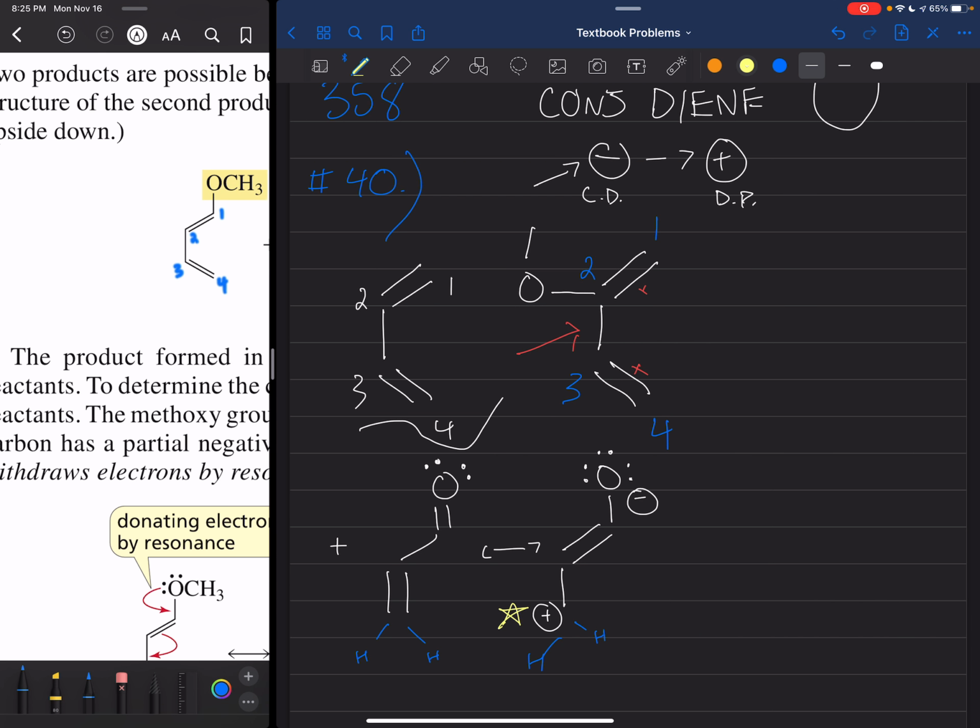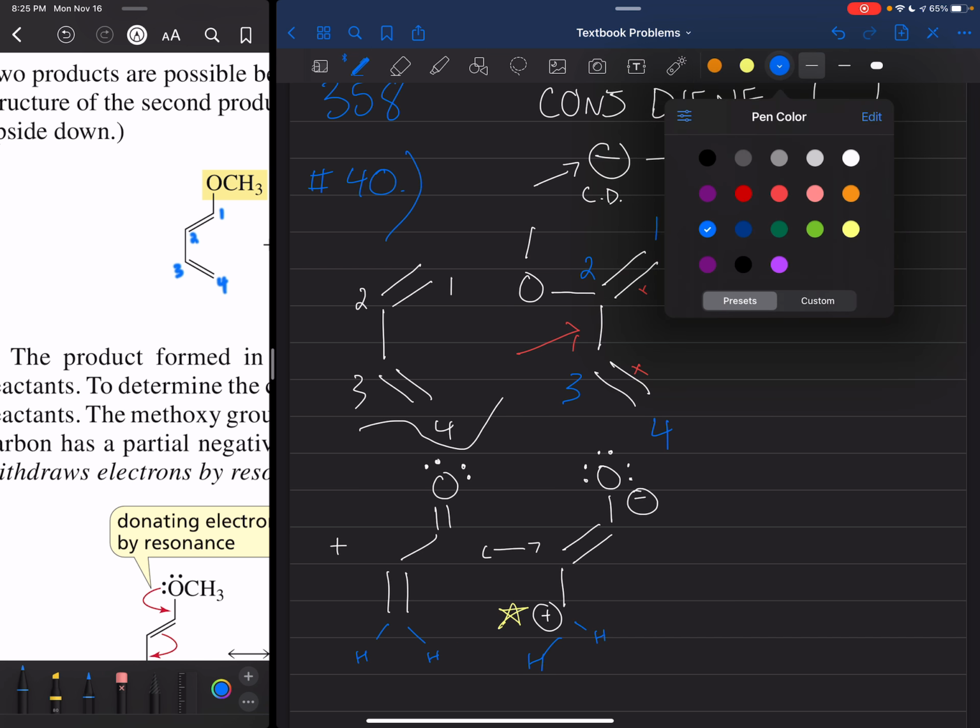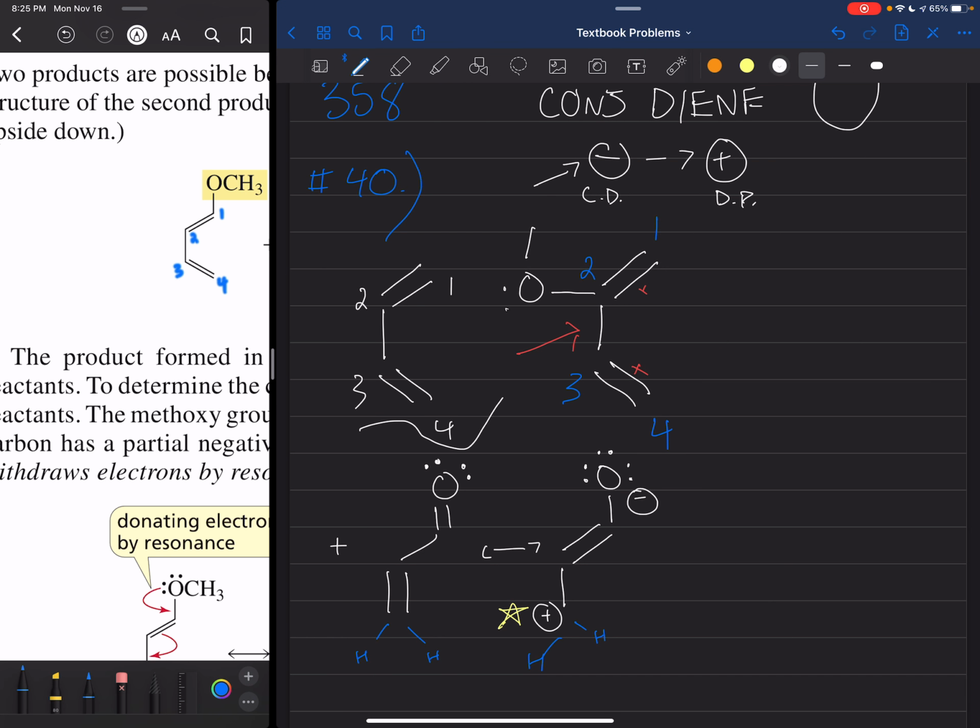Well, what can we do? Okay, what can happen here? Remember, oxygen is electronegative. So we can do a couple of things here.